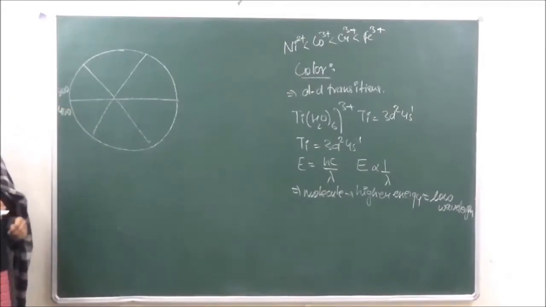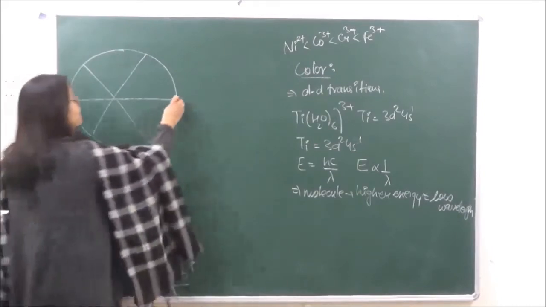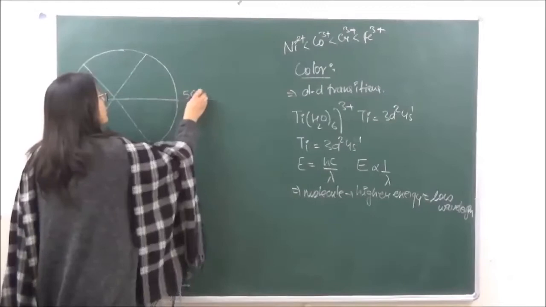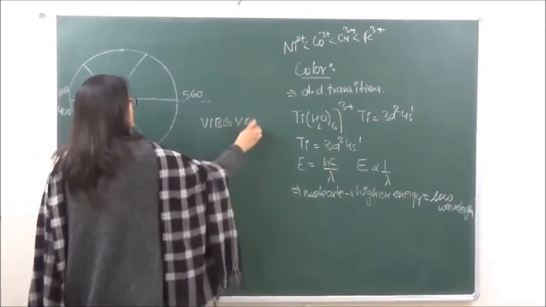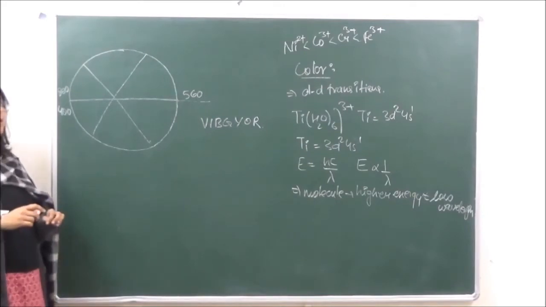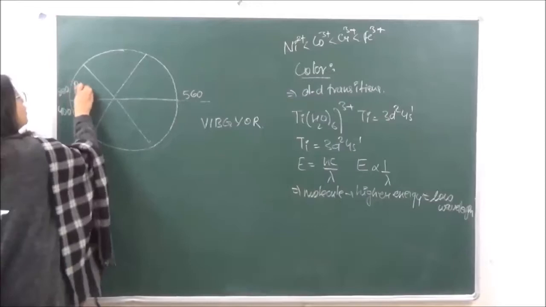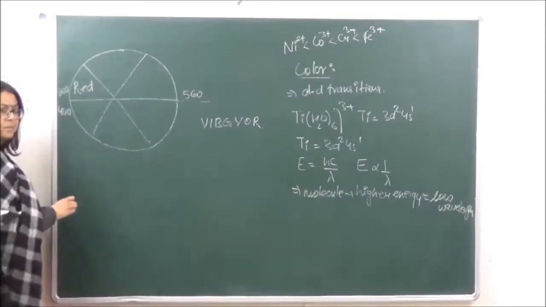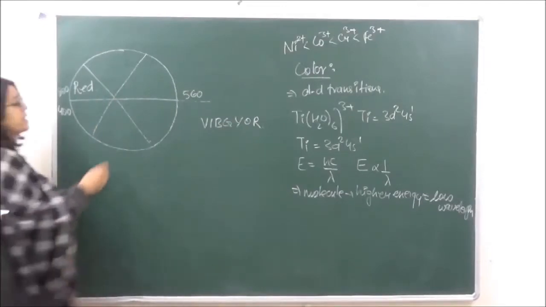And you also know that the visible radiation is in between 400 to 750 nanometers. ठीक है? And this over here is going to be 560. So we have VIBGYOR. Okay, where violet is going to have the least wavelength and red is going to have the highest wavelength. Okay. Now anything which is going to absorb red is going to emit over here green.